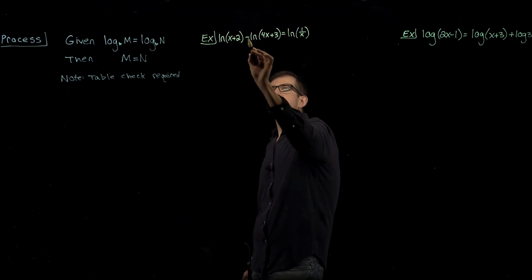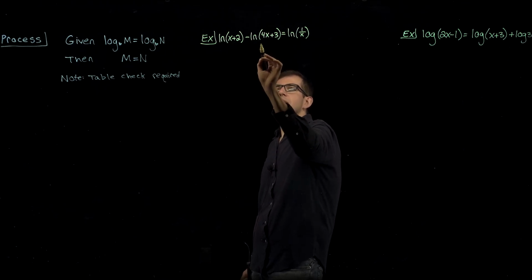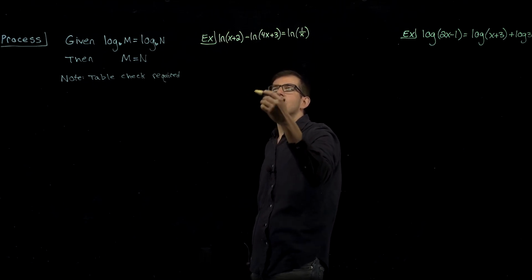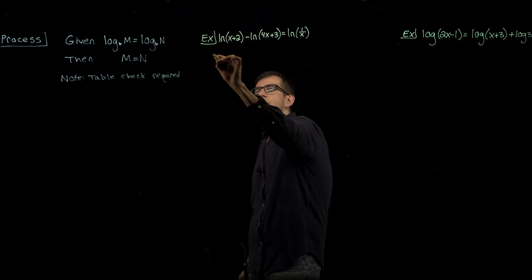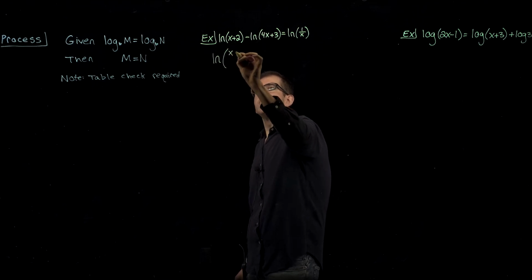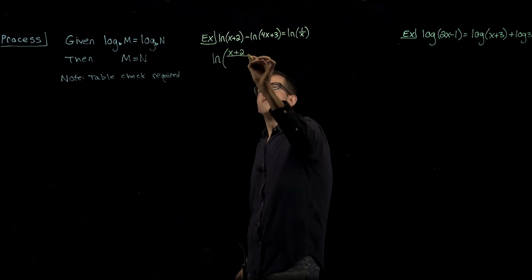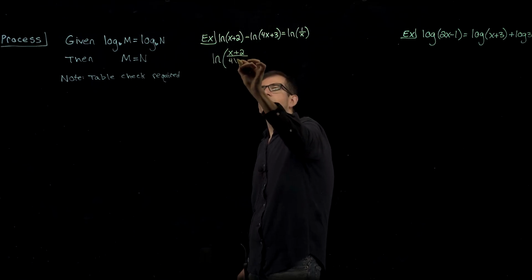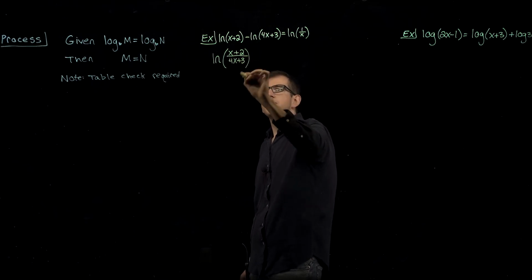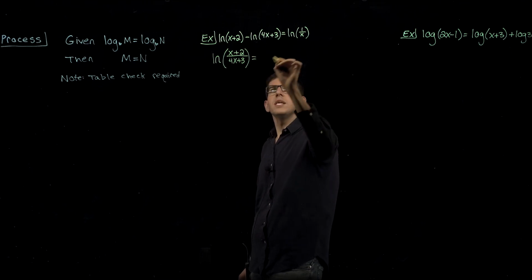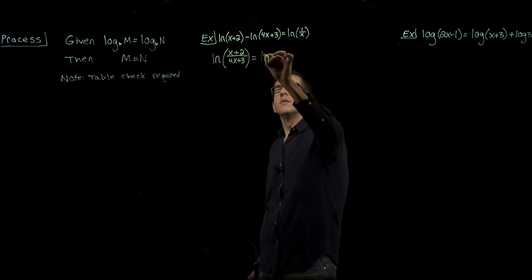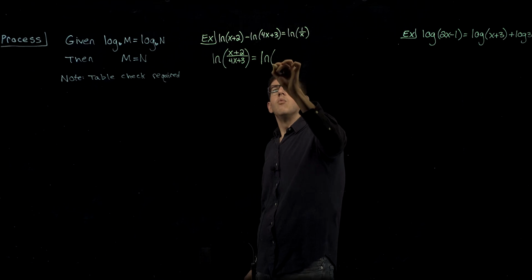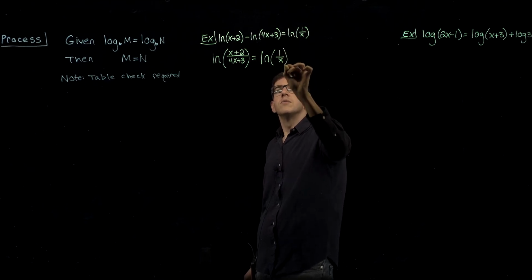We know that if we're subtracting 2 logs of the same base, we can condense this down with division inside of 1 log. So we can rewrite this problem as the natural log of x plus 2 divided by 4x plus 3, and that will equal the natural log of 1 over x.